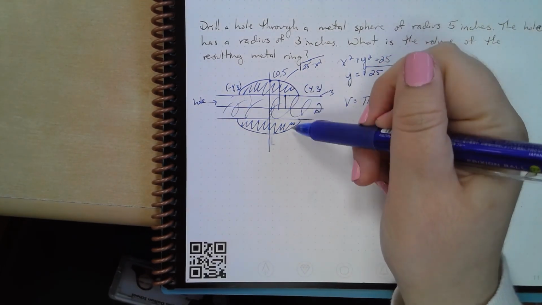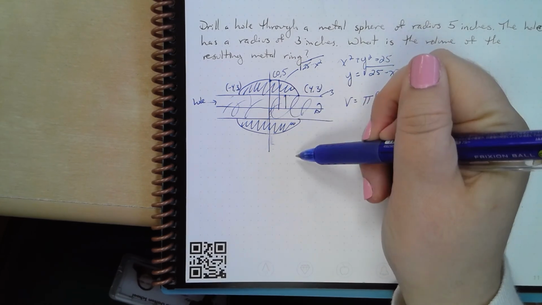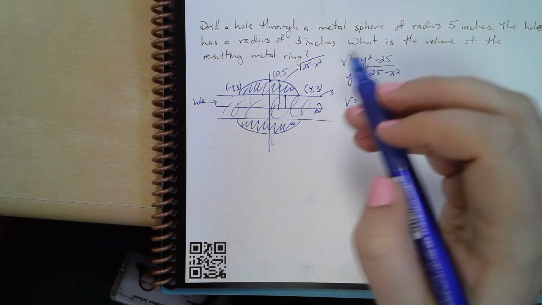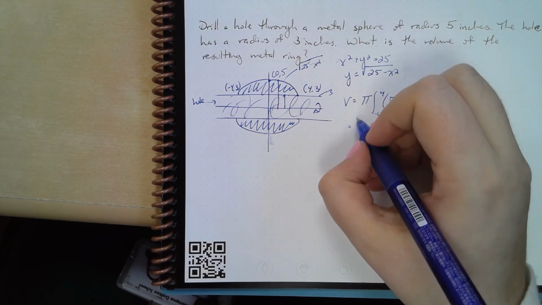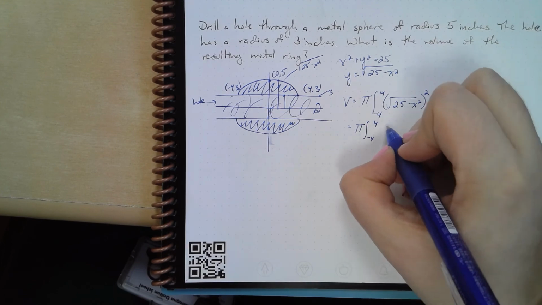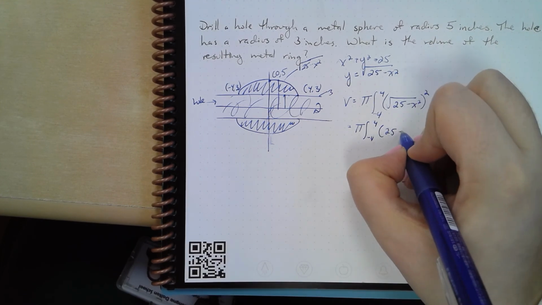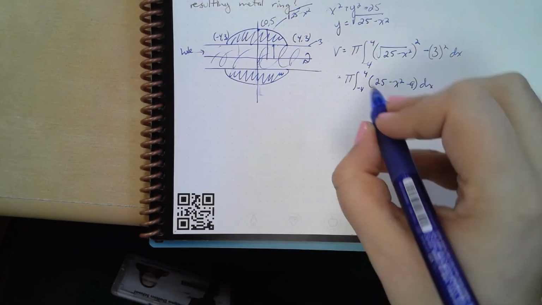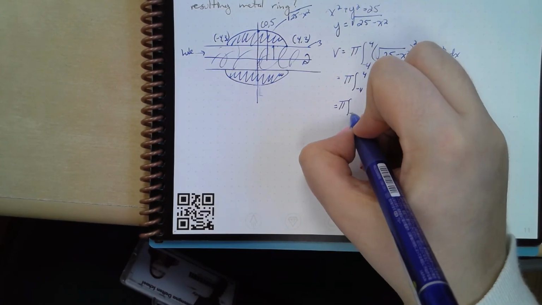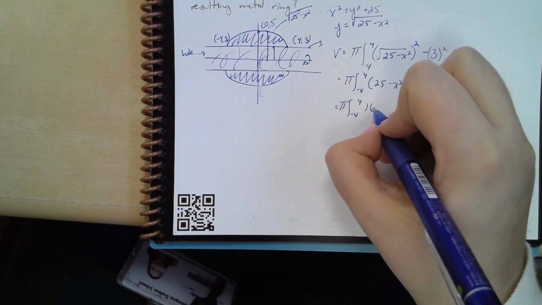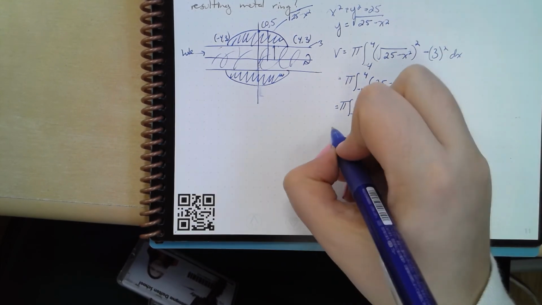We're perpendicular to the x-axis, so we're going to use dx's. So this is equal to pi times the integral from negative 4 to 4 of 25 minus x squared minus 9. This should work out very nicely, actually. Pi from negative 4 to 4 of 16 minus x squared dx.